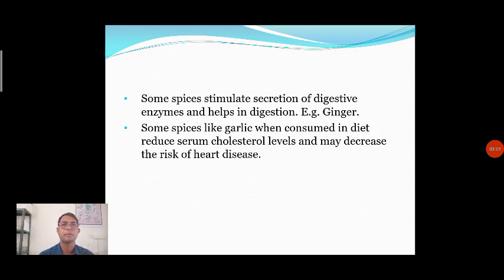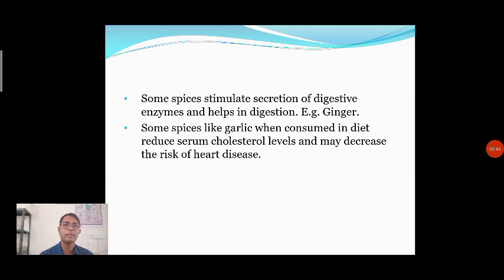Some spices stimulate secretion of digestive enzymes and help in digestion. For example, ginger. Ginger stimulates secretions, and these enzymes help our digestion and make the process of digestion easy.